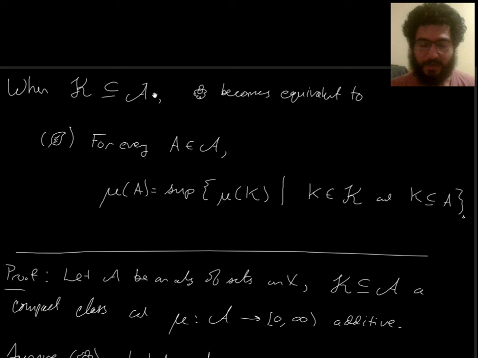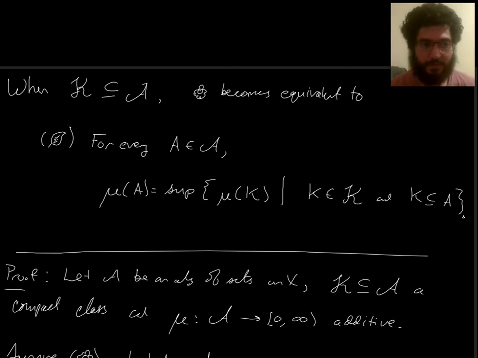The condition of being an approximating class for an additive function mu becomes just this. Basically that the class K has enough sets in it, enough of these K's in there, that if you just look at mu of K's, then those get really close to mu of A's for any A in the algebra of sets.